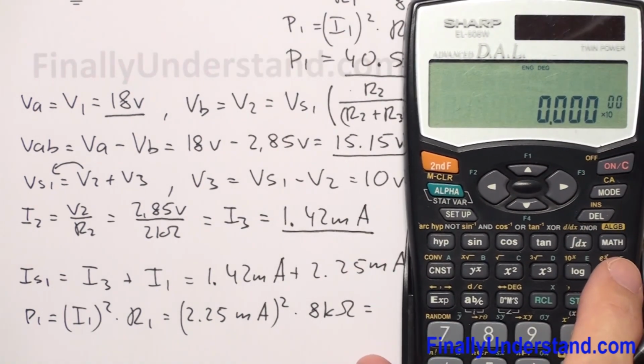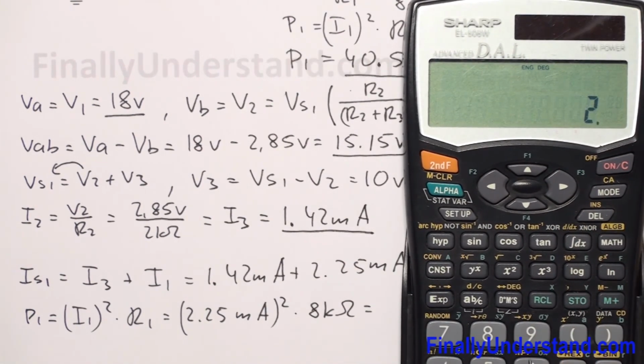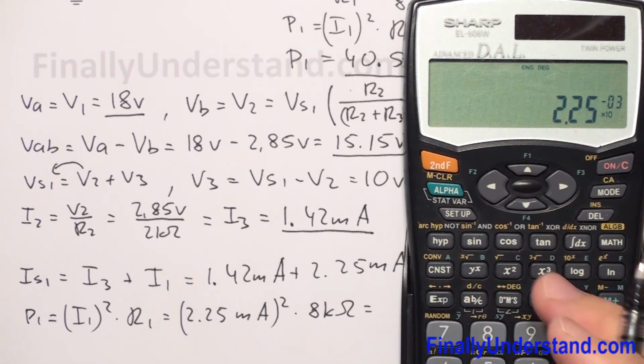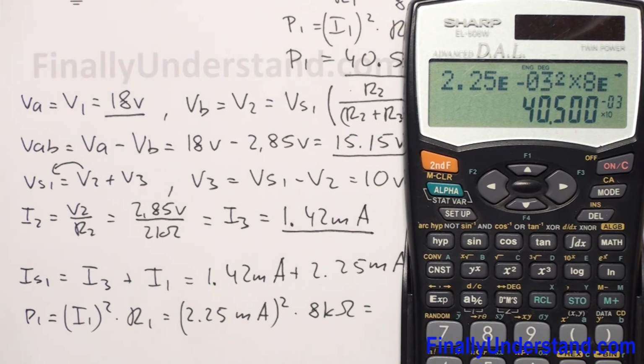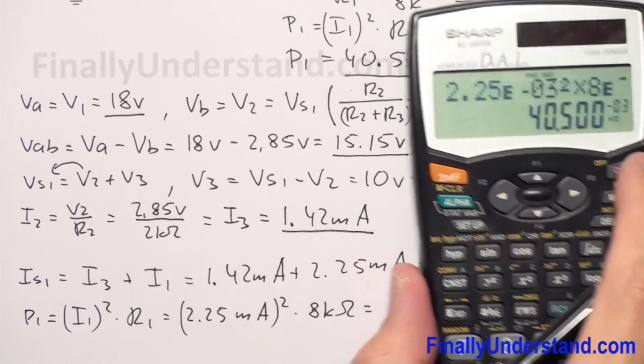So I have 2.25 times 10 to the negative 3 to the second power times 8 times 10 to the 3 is equal 40.5 milliwatts.